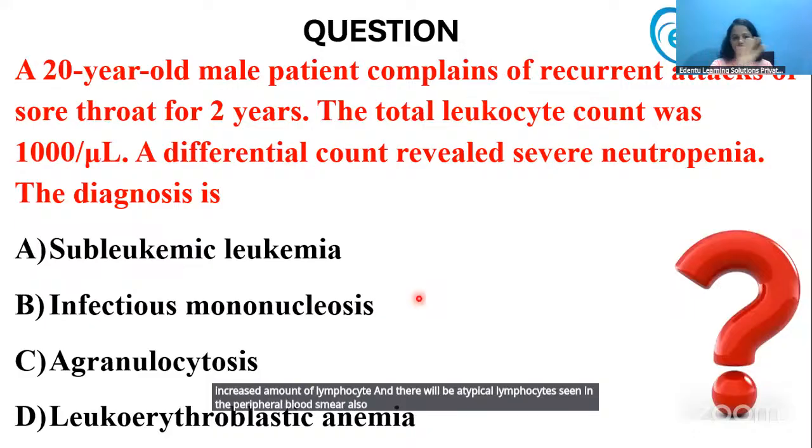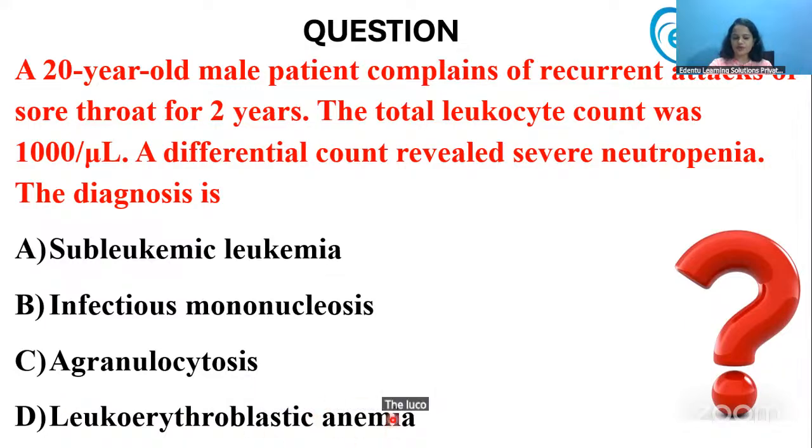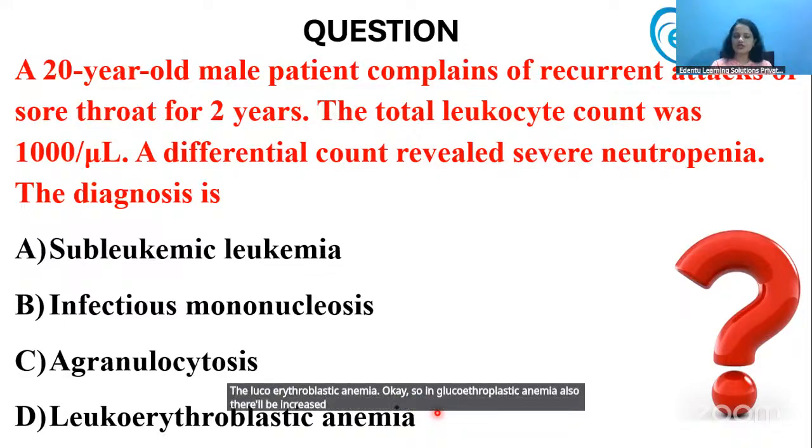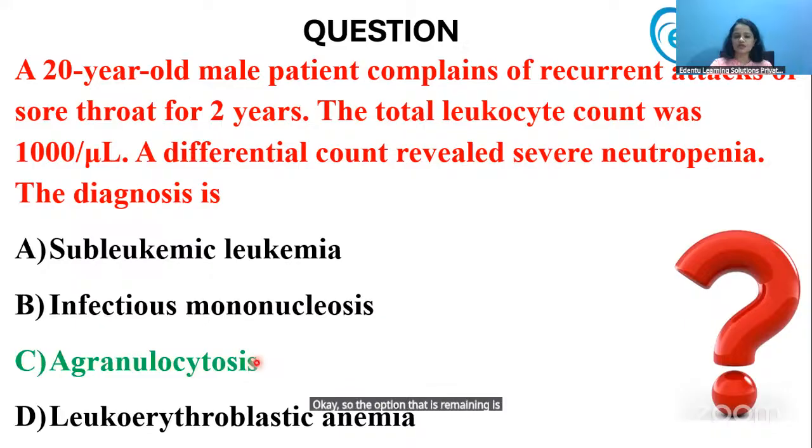Since nothing of that sort is mentioned, we are ruling out infectious mononucleosis. Then leukoerythroblastic anemia. In this also, if you look at the blood picture, there will be an increase in the leukocytes. So the option that is remaining is option C, agranulocytosis.